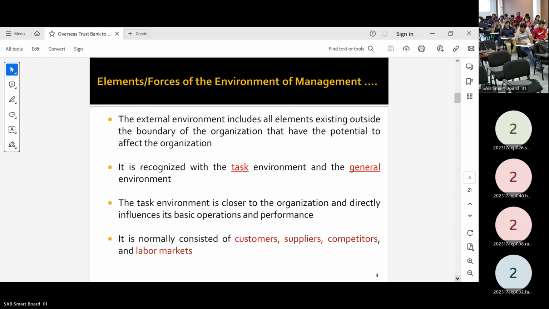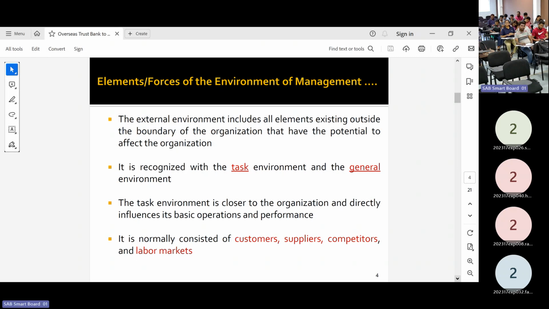As in the diagram, the task environment is closer to the organizational box or the boundary. Because of that, it can have the direct or regular influence on the operations and performance of the organization. What are the key elements in the task environment? The most important group is the customers, clients, then suppliers, then competitors, then labor market situation.